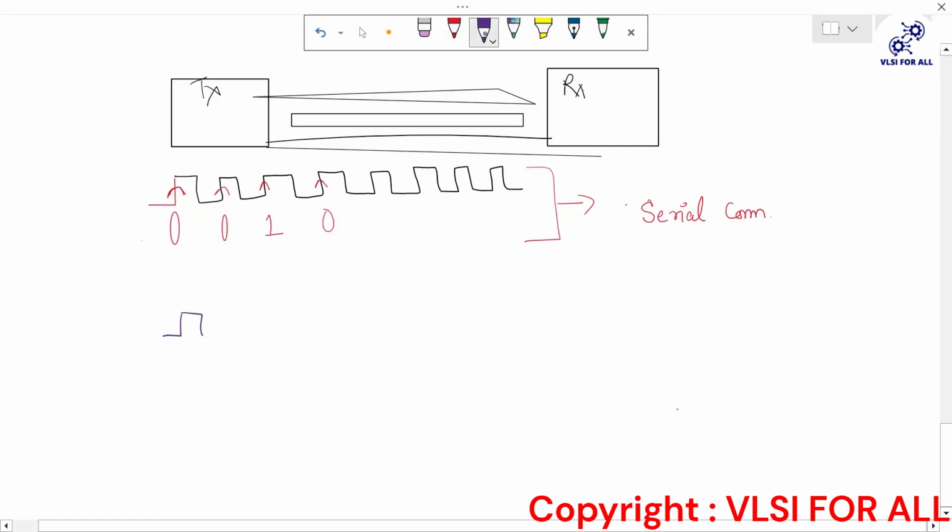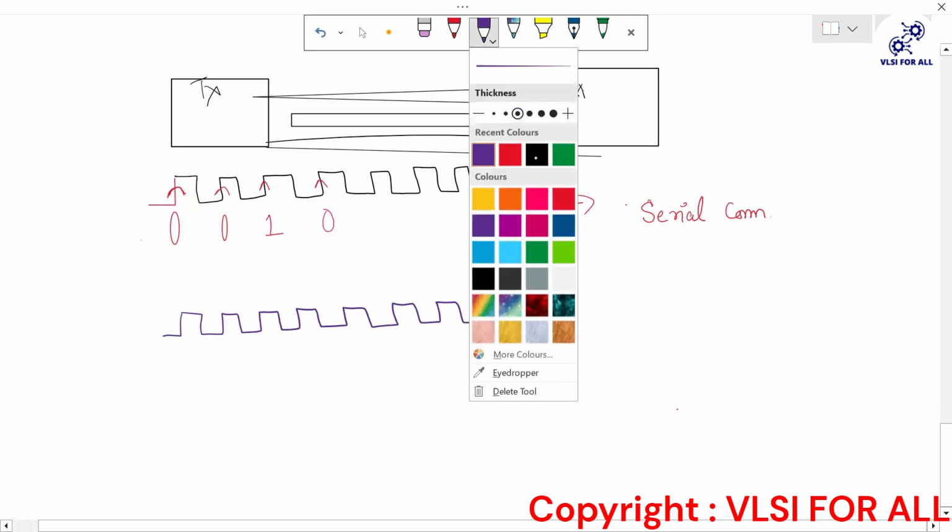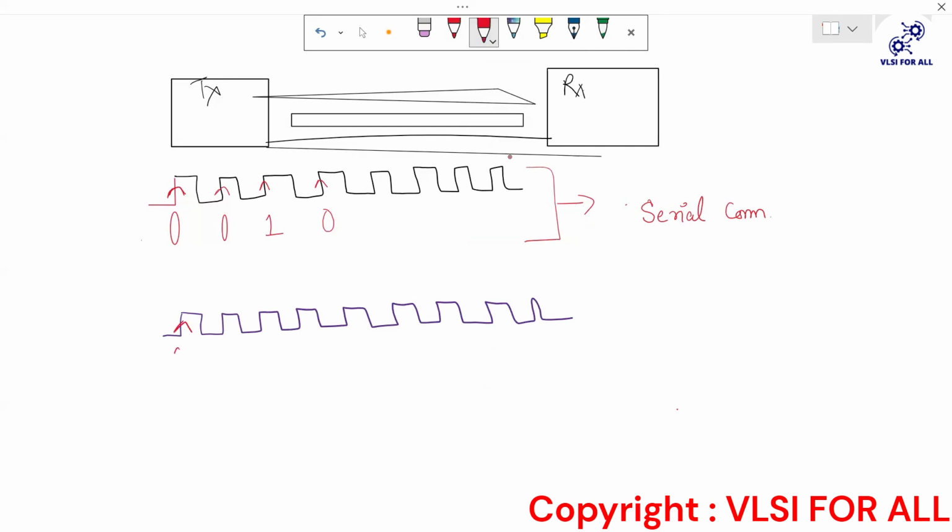Now in the second case, if at a single clock you are transferring multiple bits, that will become parallel communication.